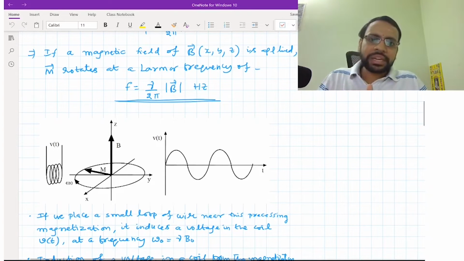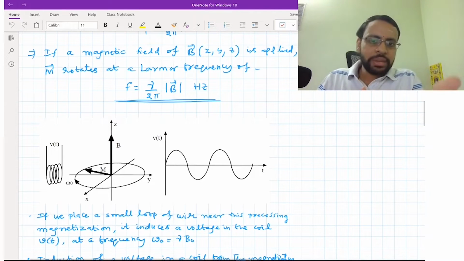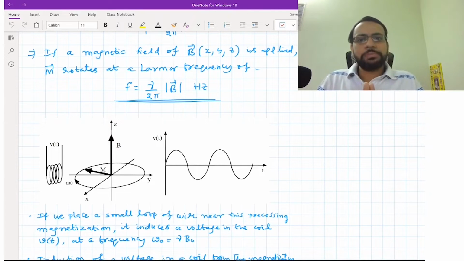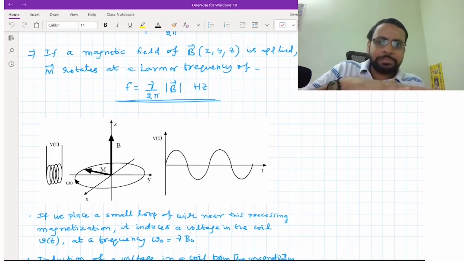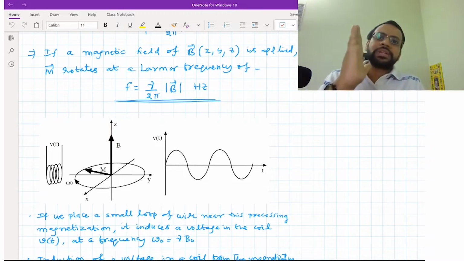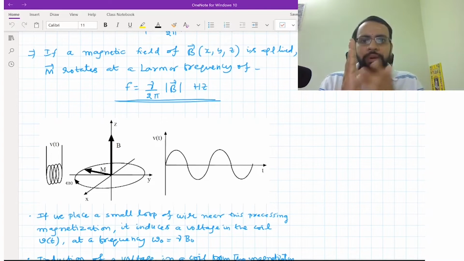Connect this to what we discussed in the previous class: gamma by 2 pi into the magnitude of B bar. This would be equivalent to the B1 magnitude that you are applying in the XY plane, which is negligible compared to the magnetic field in the Z direction, which is of the order of 1.5 Tesla, 3 Tesla, 7 Tesla, and so on.